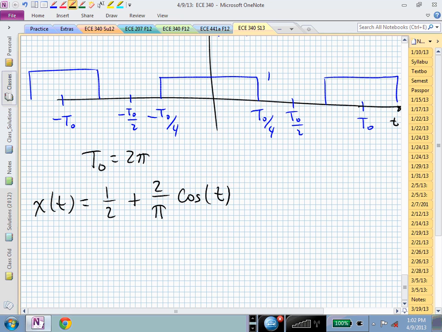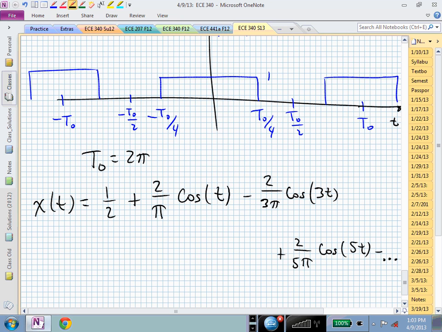The second term in this, which is not the second harmonic, it's the third harmonic. The even harmonics were missing in this expansion, but this is now minus 2 over 3 pi cosine of 3t plus 2 over 5 pi cosine of 5t, and that pattern just keeps going.